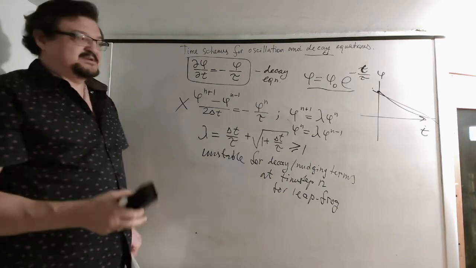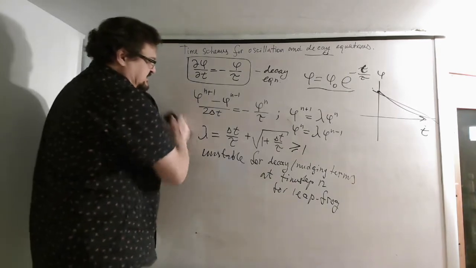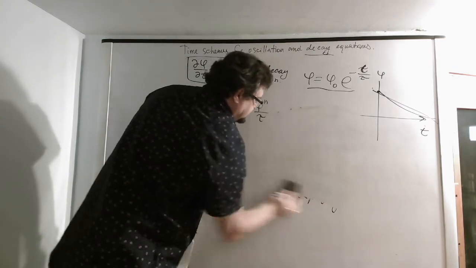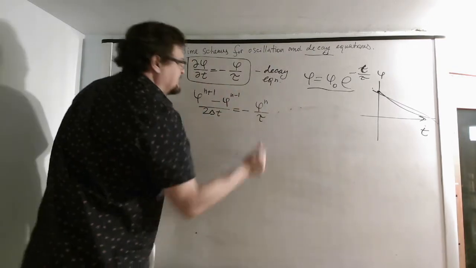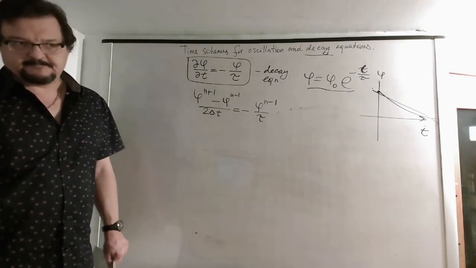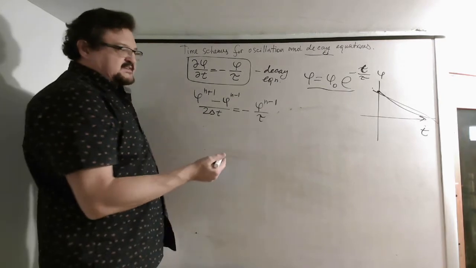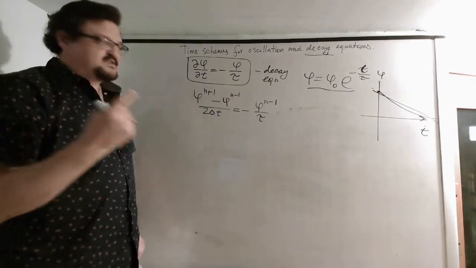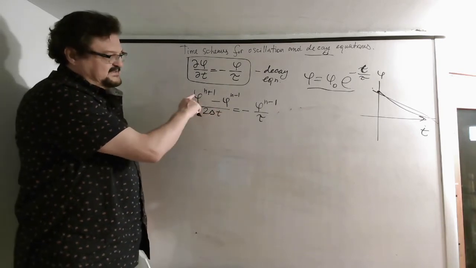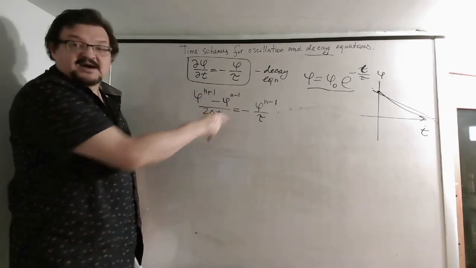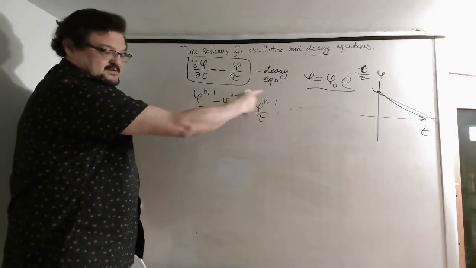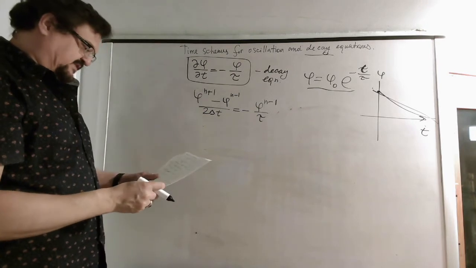So in this case, it can be actually shown that if you put the right-hand side of this decay thing at n minus 1, there is only one solution. There is no computational mode actually, because you have only two time levels here, n plus 1 and n minus 1. You skip time step n for this decay portion of your equations.